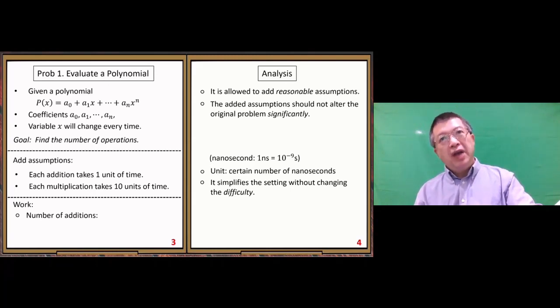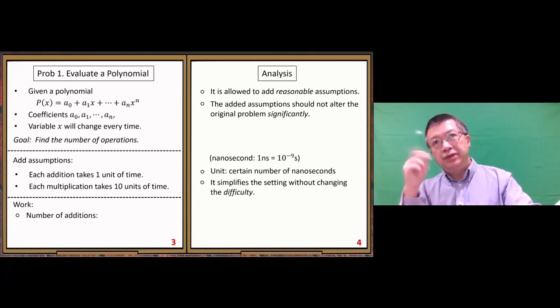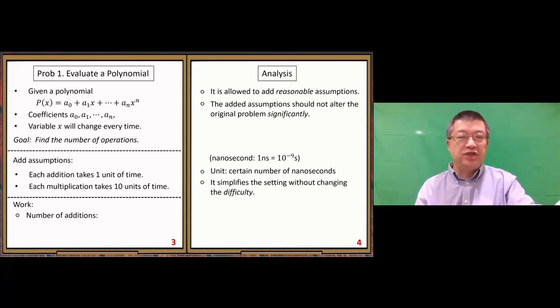Do you know how many additions we need for this problem? I cannot hear your answer, but here, let me just do some analysis, and you can see if you use the same method as mine.